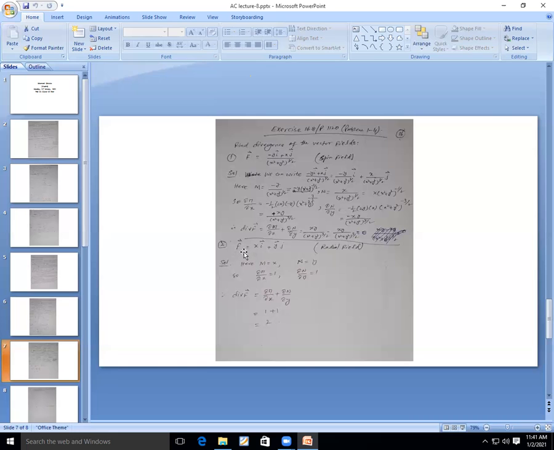Your vector field F is equal to x i vector plus y j vector. This arrow is over j, not on y. Note this, make this correction.